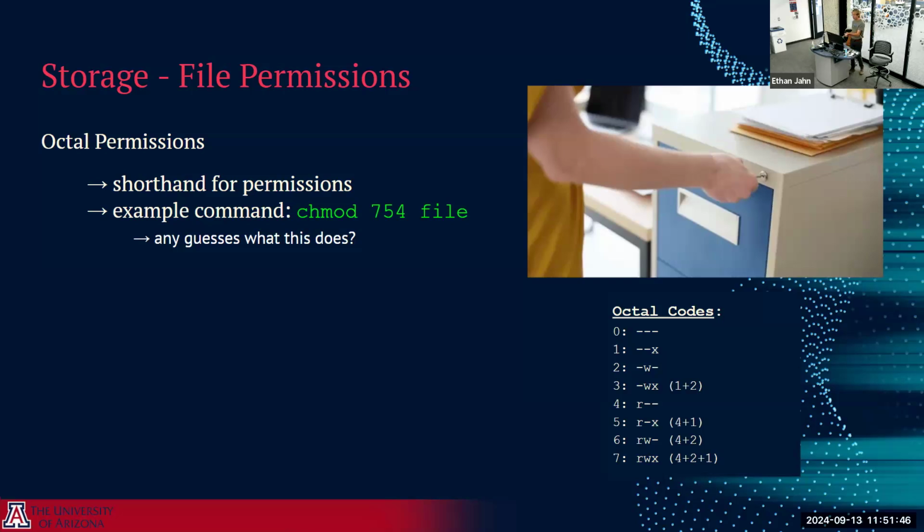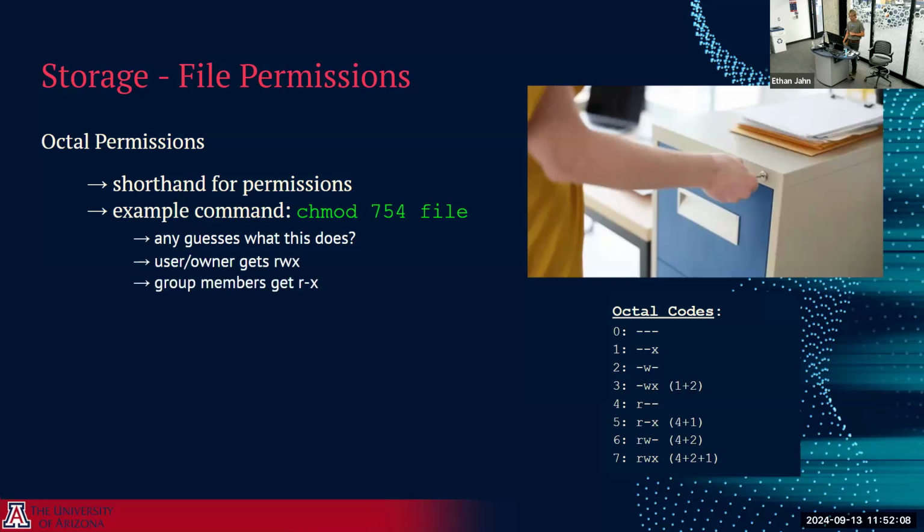And then looking at the 4 there, that would be referring to the permissions of other users. If we look at our guide here, that refers to the fact that they can just read that file. And then the 7 would be full permissions, read, write, and execute for the owner.